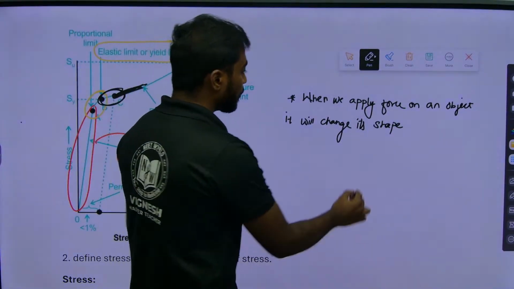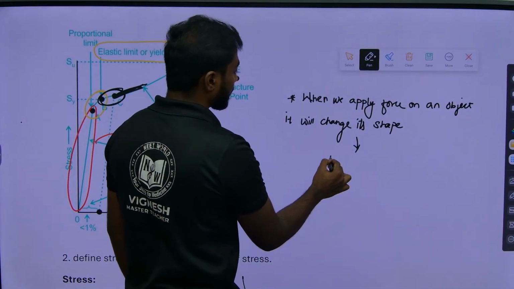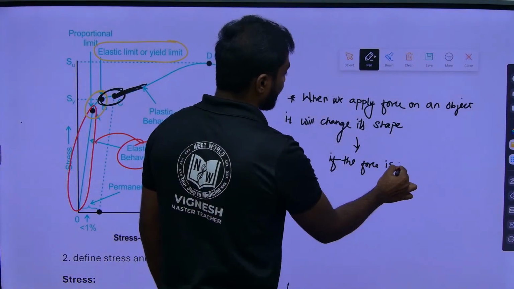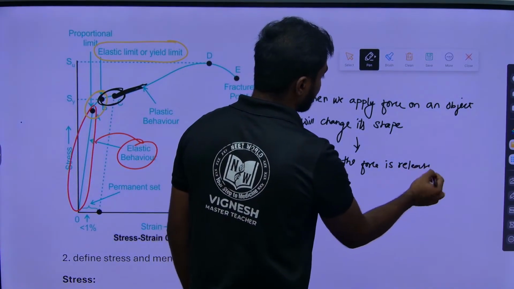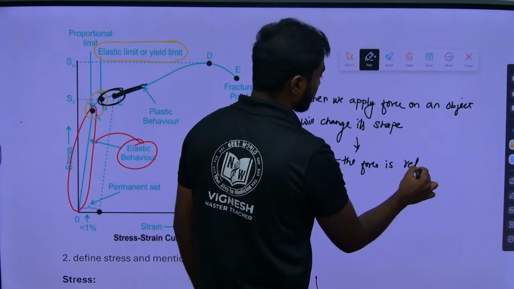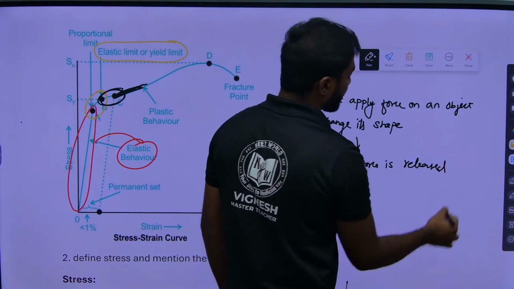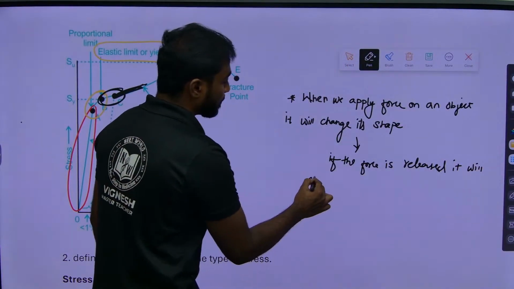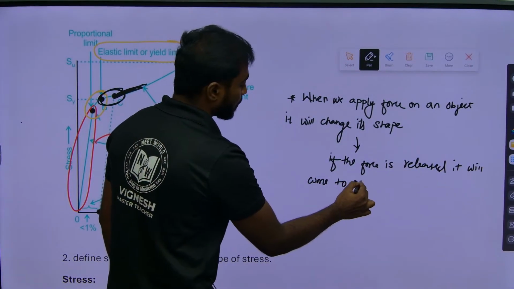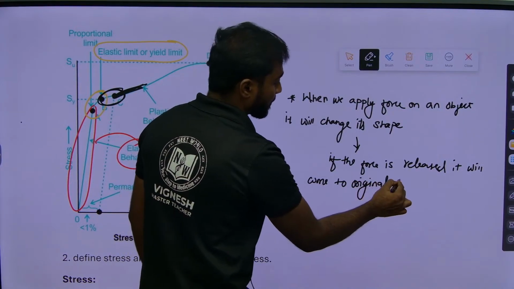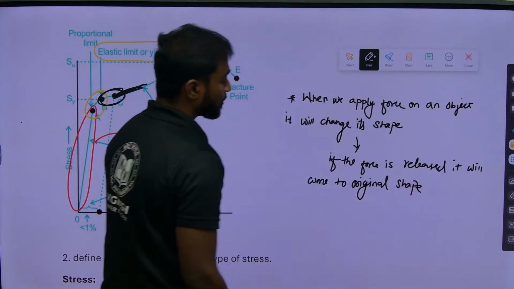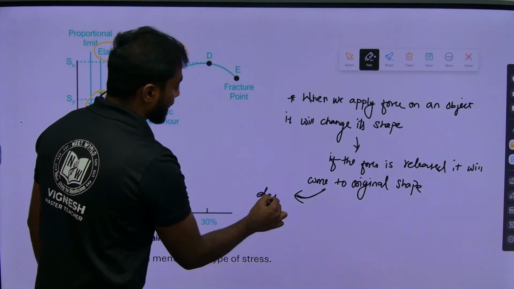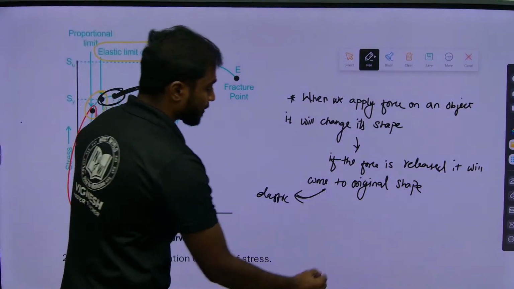And if the force is released, it will come to its original shape, which is called elastic.